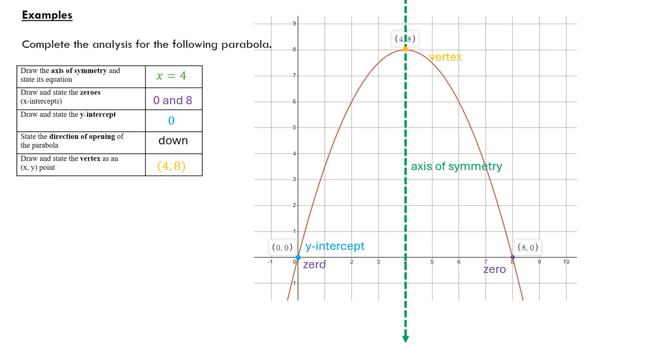So the x-intercepts are 0 and 8. Crosses the y-axis at 0. The direction of the parabola, well, it opens down. And the vertex is found at the coordinate point 4, 8.